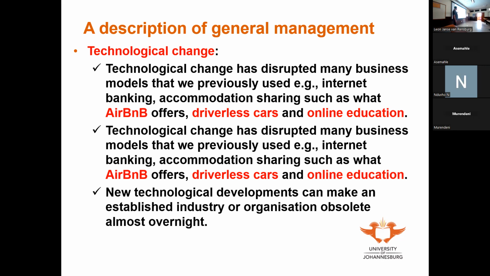The same with driverless cars, some will not benefit, but the greater good should. And online education. Here we've got people online. What they benefit from is that they can be anywhere, they don't miss the class. They can sit in Cape Town, so that's a benefit. I don't benefit that much because I have all these systems set up.